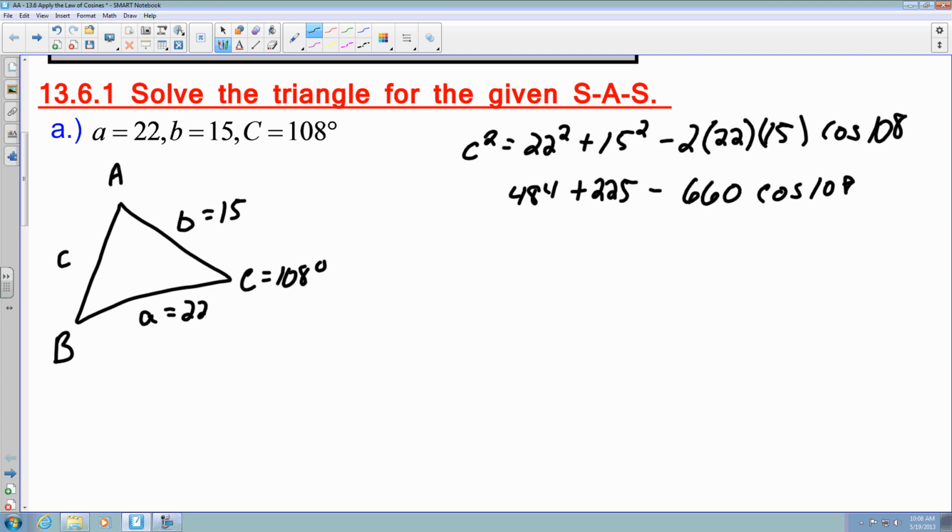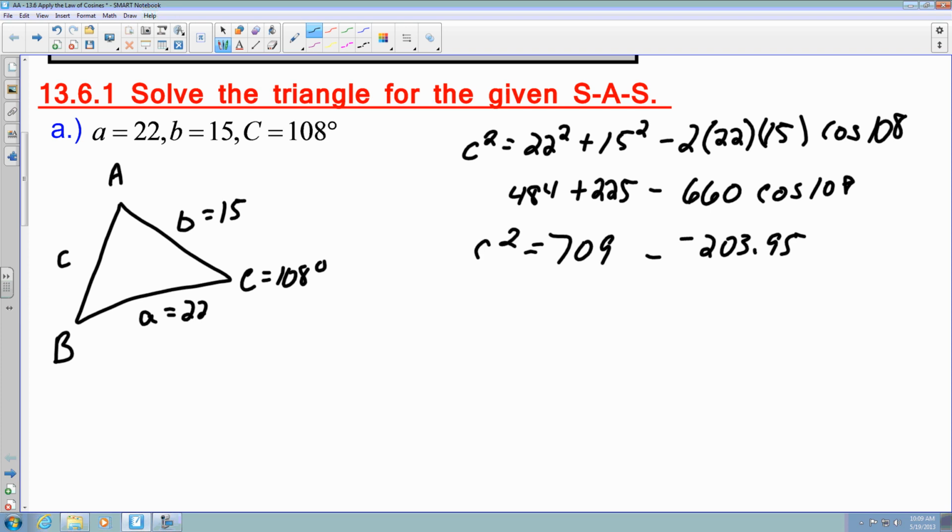The cosine of 108 multiplied by 660 is going to give me a negative 203.95 roughly. And then 484 plus 225 equals 709. And that's going to be c squared.